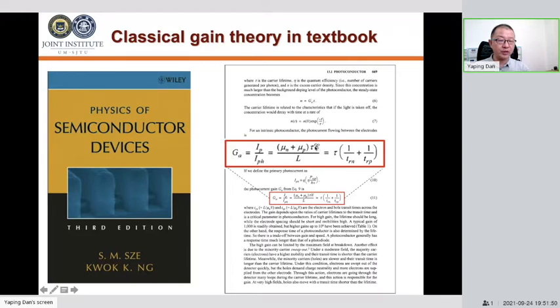This is the electric field intensity, simplified. The only difference is that they define the transit time for electrons and the transit time for holes separately. It is essentially the same expression, just written slightly differently. That is exactly what we derived.